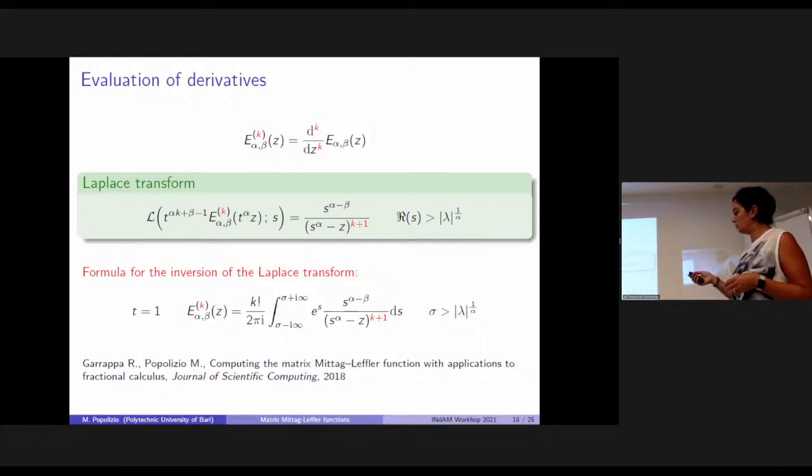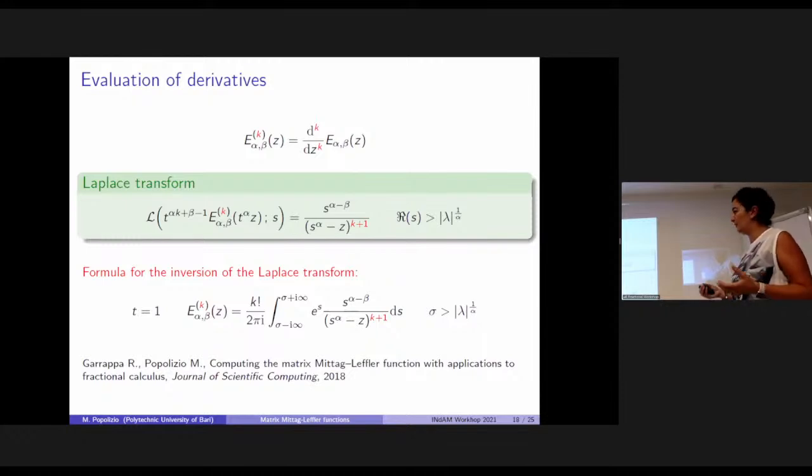And actually we used the same approach also for the derivatives, because also for the derivatives we have some series expansion, but by working with this numerical inversion, we get good results, even if here we have to take into account the fact that the order k of the derivative actually defines the strength of this singularity.